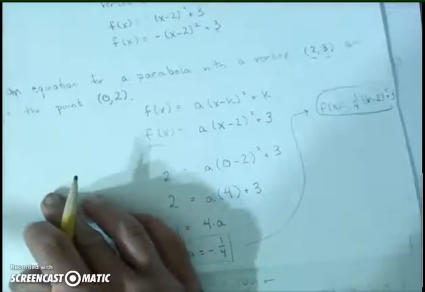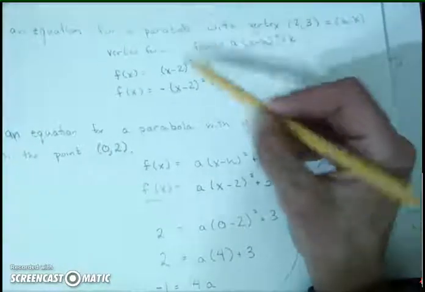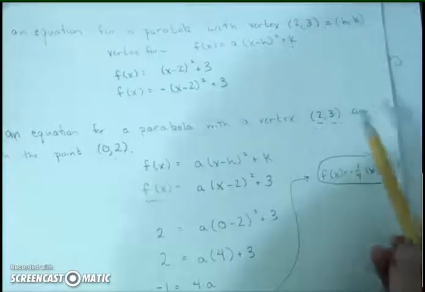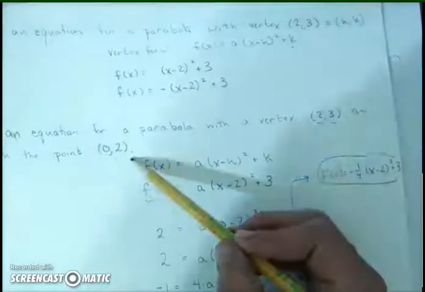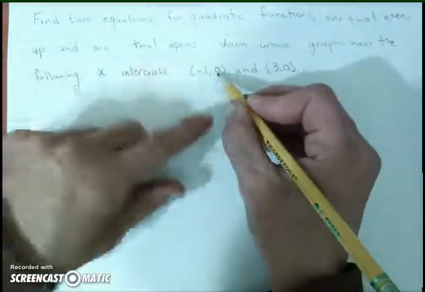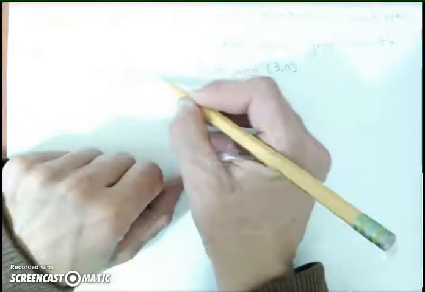Let's do a different type of example. In these two, we were coming up with equations where we knew the vertex, and we knew a point. What if I give you two very specific points, (-1, 0) and (3, 0)? You'll notice that these are the x-intercepts.